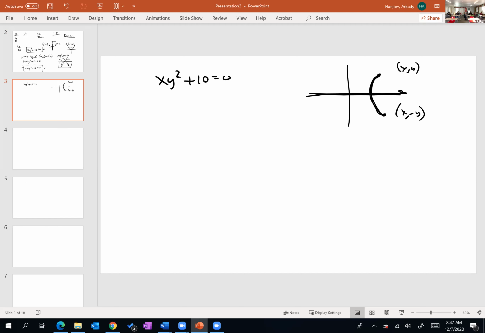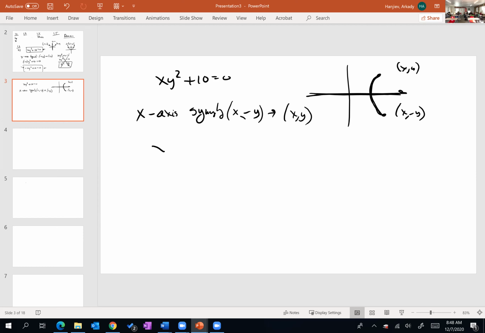And so to test for x-axis symmetry, again, just testing for it, we're going to plug in a negative y. Keep the x the same. And we're going to see if it just gives you the exact same thing as a positive x, positive y.